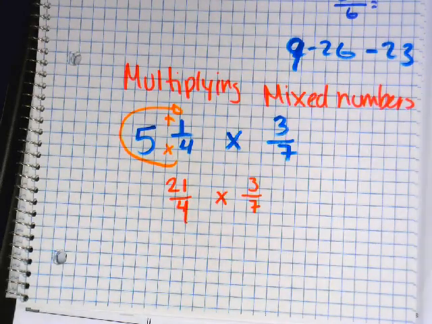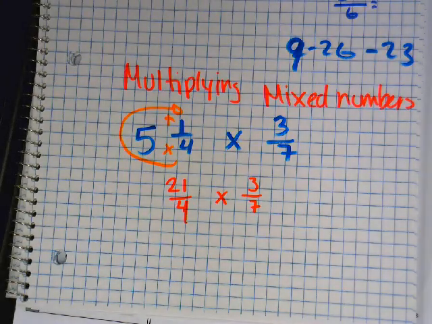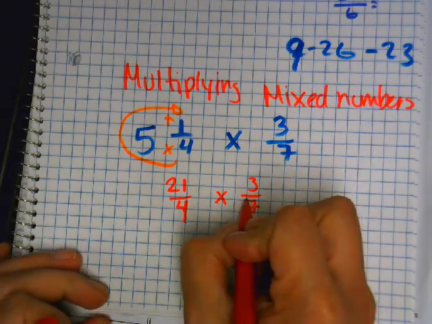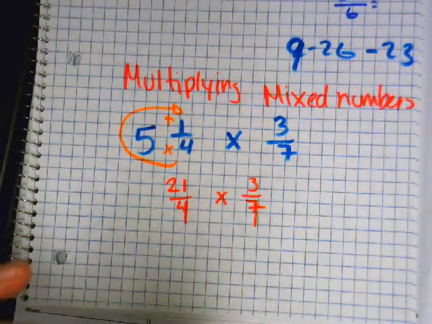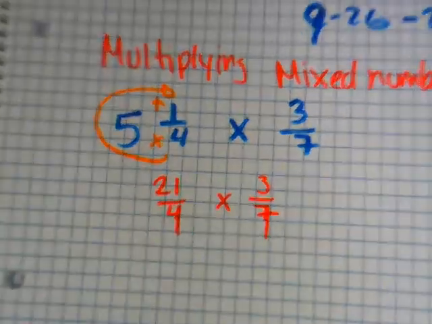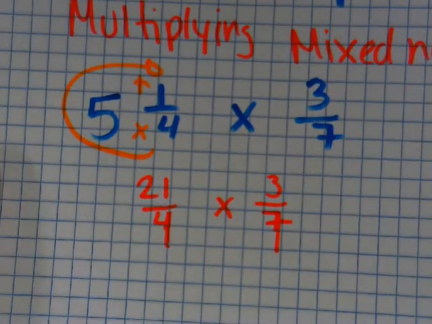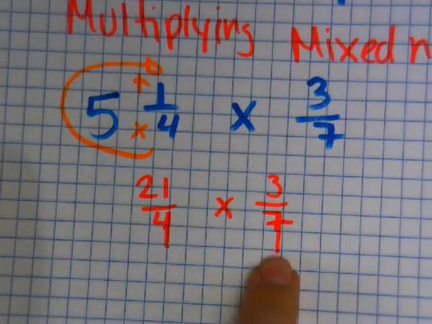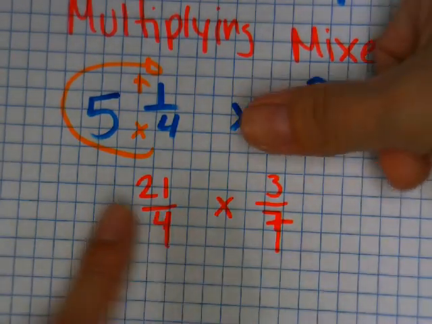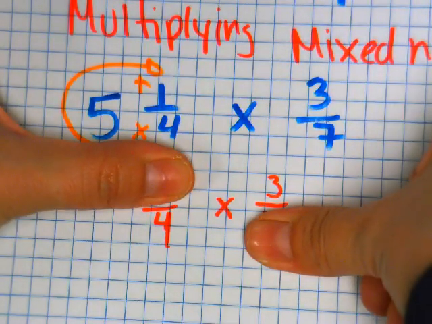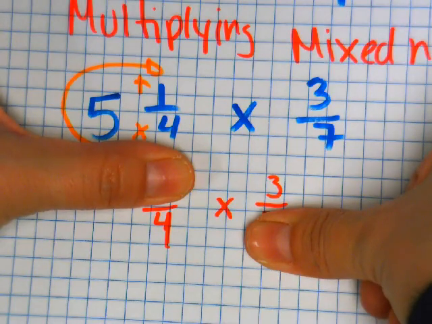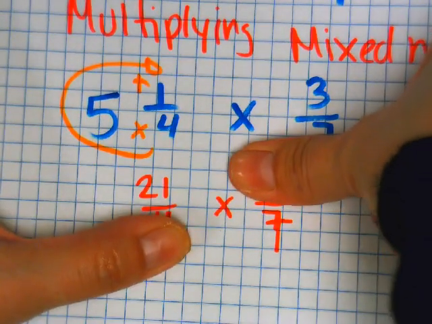Do I really want to multiply 21 times 3 and then 4 times 7? Yes, simplify the corners. I'm going to cover up that 7. Can I simplify 4 and 3? No. So then I look at 21 and 7. What can I divide 21 and 7 by?